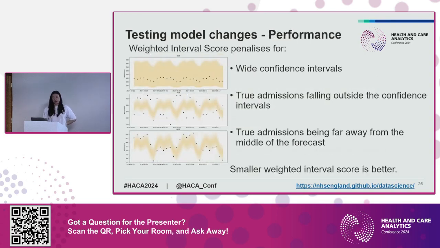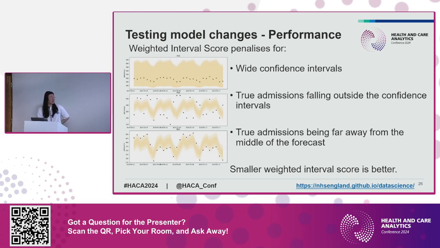So also when looking at the performance, this is about seeing how accurate the model is. Can we use some kind of metric to figure out if the forecast is being accurate or not? Some of you might be familiar with metrics such as the mean absolute error or MAPE, but when doing this development work, we found that that's not as applicable when we're working with confidence intervals.